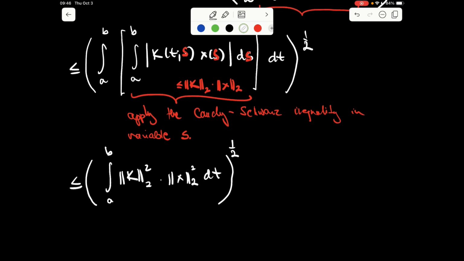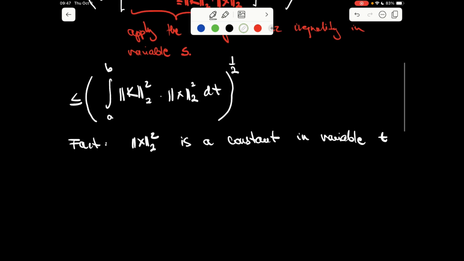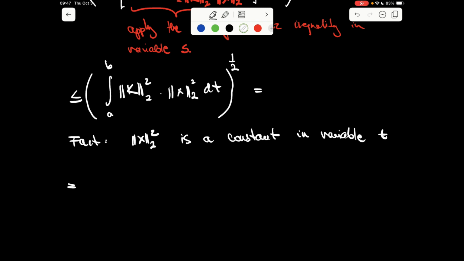And given the fact that this norm is constant in variable t, because remember that we use the Cauchy-Schwarz inequality in s, so in t this is constant, so this whole guy equals this guy.